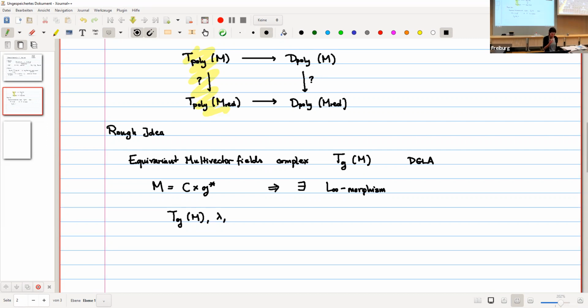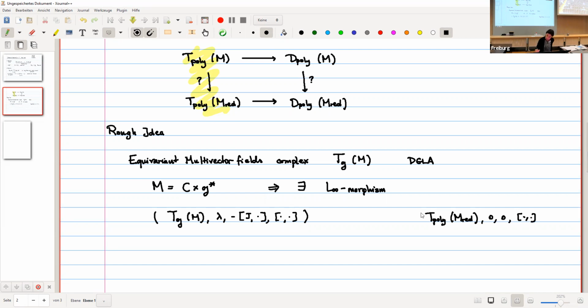Then you have a differential, which is given by the momentum map, and then the usual Schouten bracket. So this is the DGLA we're considering. And on the other side, you have this guy: T-poly of the reduced manifold, with zero curvature, zero differential, and the usual Schouten bracket.